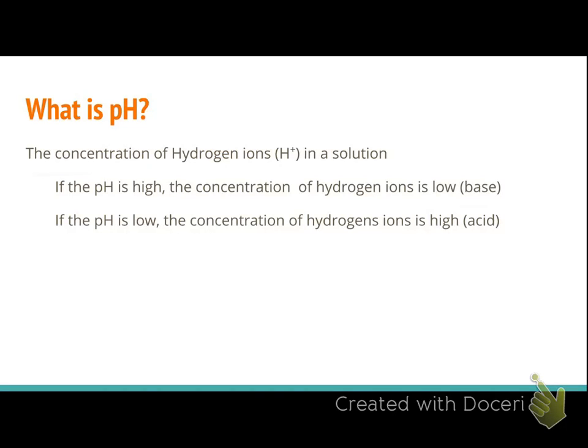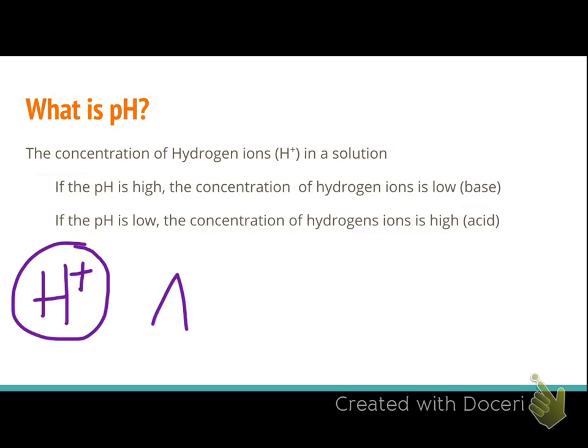Now, if you think back to especially your Arrhenius theory, we're making H plus ions, correct? So if I have a lot of these H plus ions, it's going to be an acid, which means that my pH level is low. So if I have a lot of H pluses, my pH is going to be low.